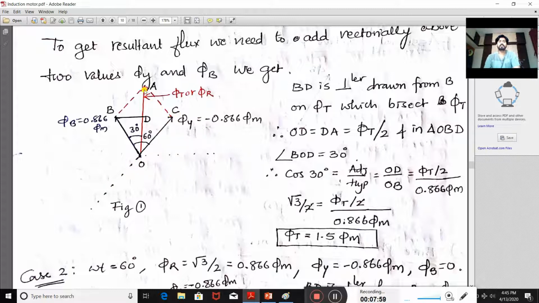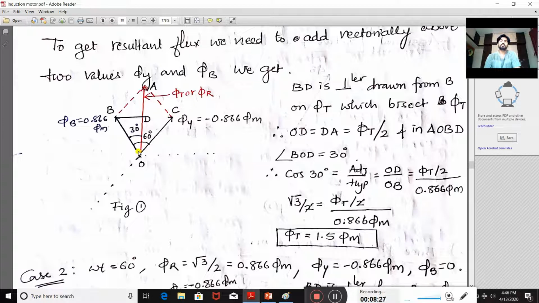Now phasor addition of phi y and phi b gives phi t, or phi r, that is nothing but the total flux or resultant flux. I am interested in the resultant flux. Now I have drawn a perpendicular from B on this phi t. Then OD becomes equal to DA, hence phi t gets divided by 2.